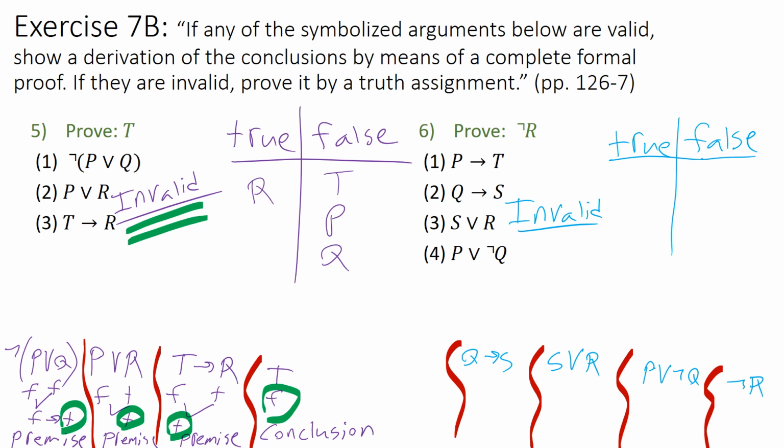And the first premise is if P then T. So let's start with the conclusion, which is not R. We want it to be false, so R has to be assigned the value of being true.